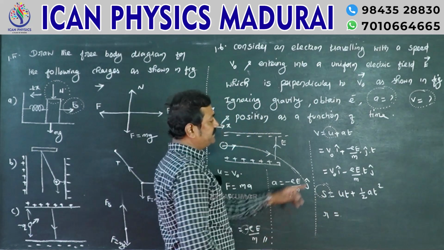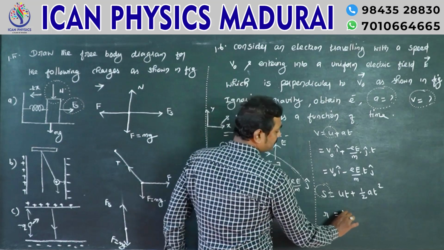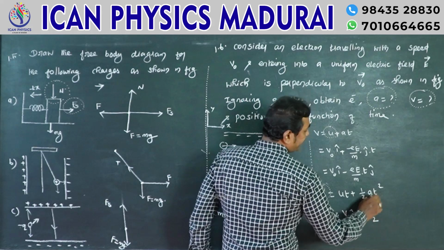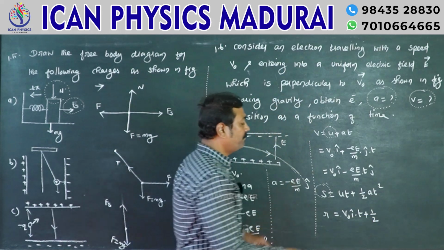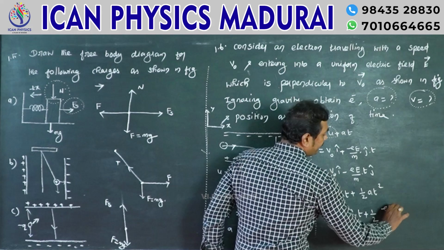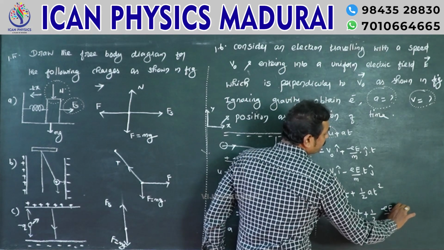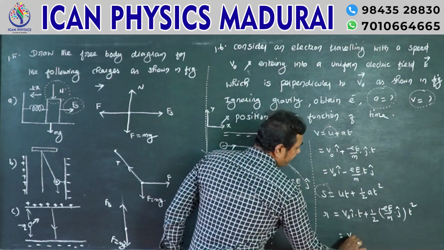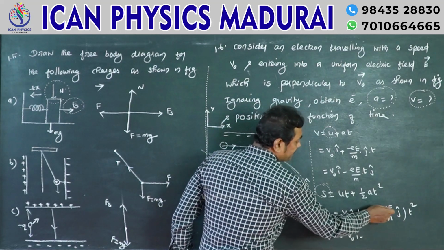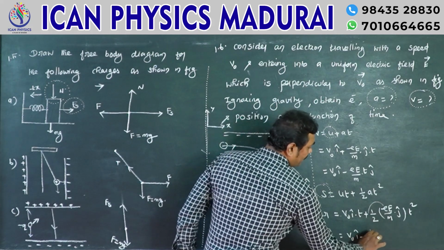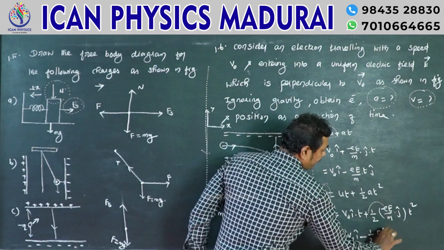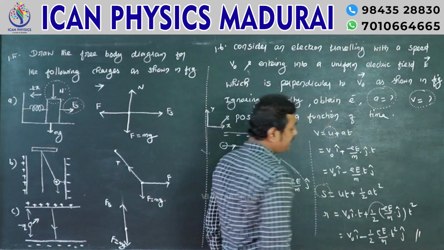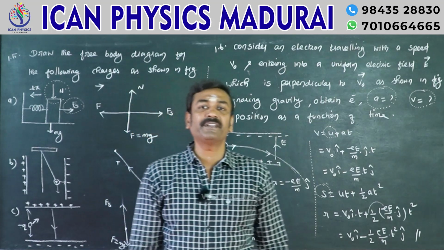U is the initial velocity v0 i cap, into t, plus half into a, where a is minus eE by m j cap, into t squared. So r equal to v0 t i cap minus half eE by m t squared j cap. That is the position of the electron.